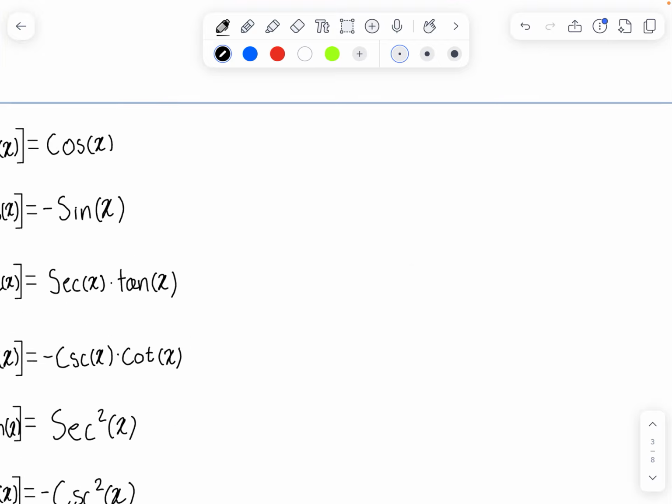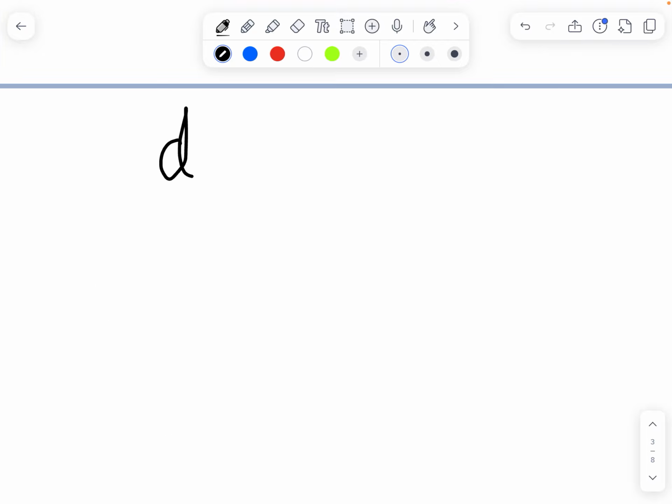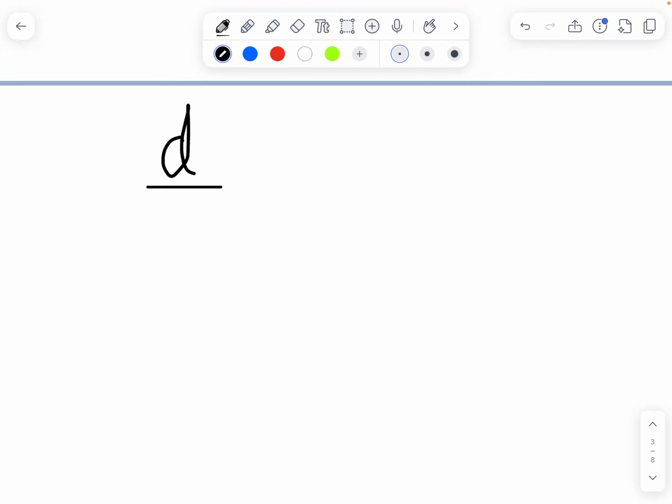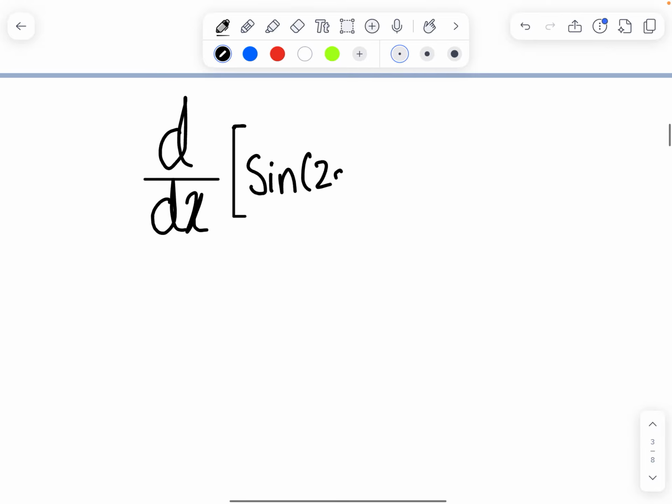So what is the derivative of sine of 2x squared plus 5 over 5, cubed?